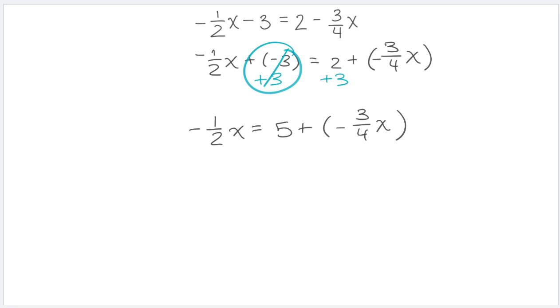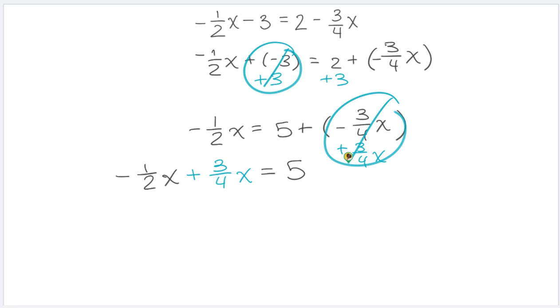So on the left hand side, I'm going to have -1/2 x plus 3/4 x, and that is all equal to 5. And the reason that happened is because adding 3/4 x to both sides again creates a 0 pair, so that no longer adds value to the left hand side, or to the right hand side of our equation.